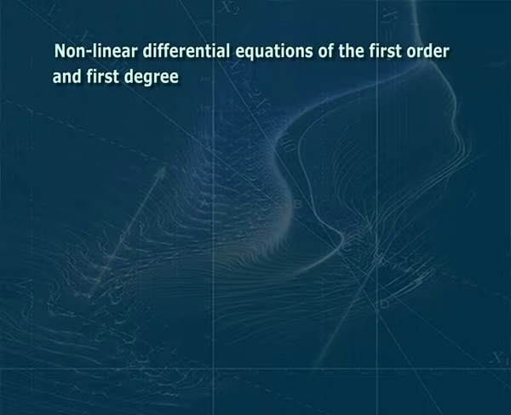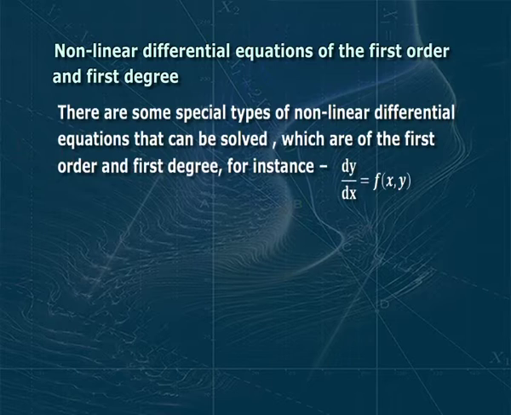Now let us look at the nonlinear differential equations of the first order and first degree. There are some special types of nonlinear differential equations that can be solved, which are of the first order and first degree. For instance, dy by dx is equal to f of x comma y.